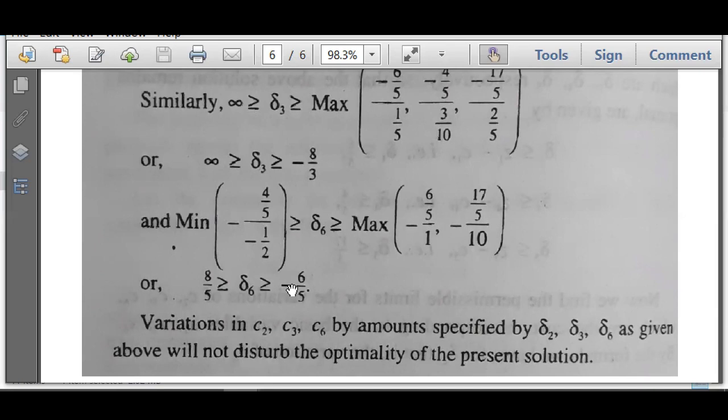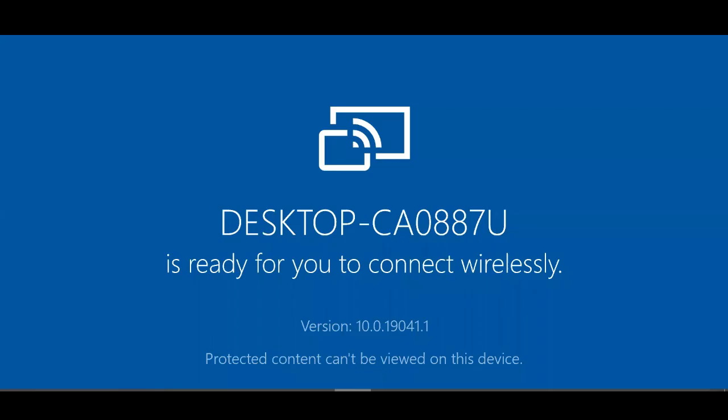For that, let us analyze like this. Suppose we are changing the variables. Suppose I consider 3 variables.